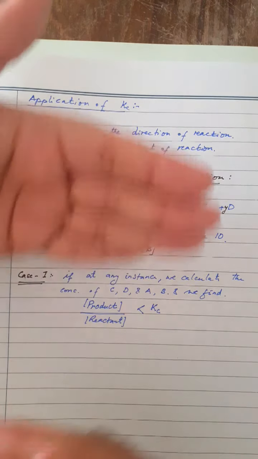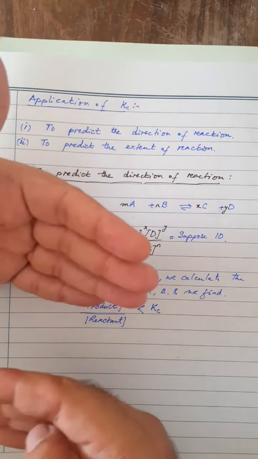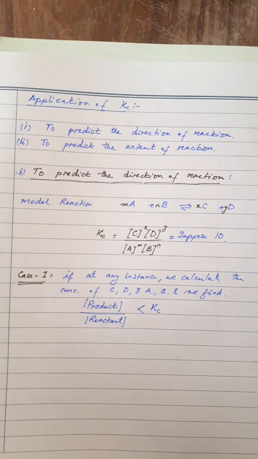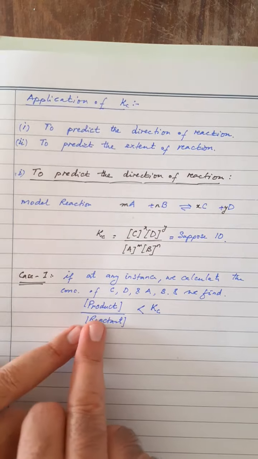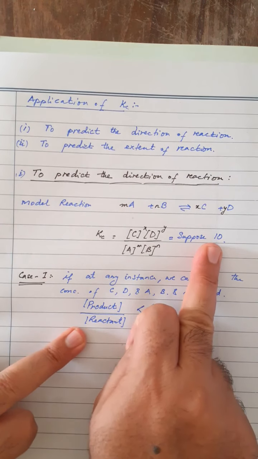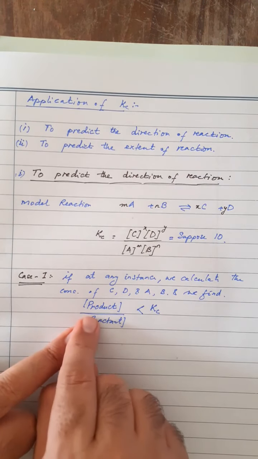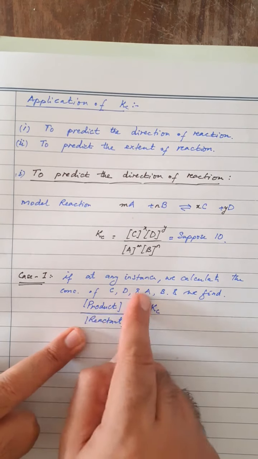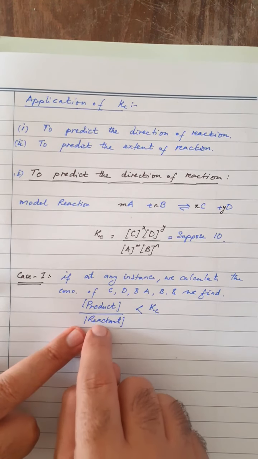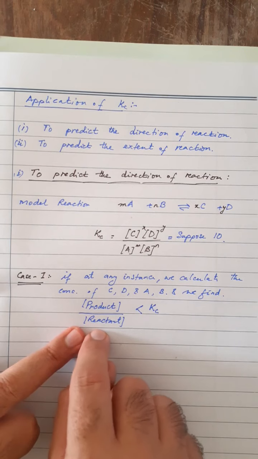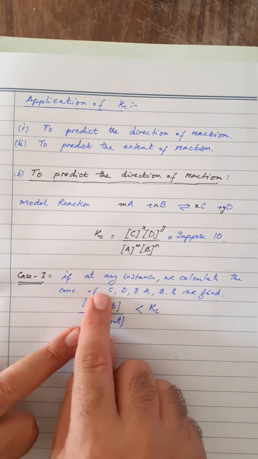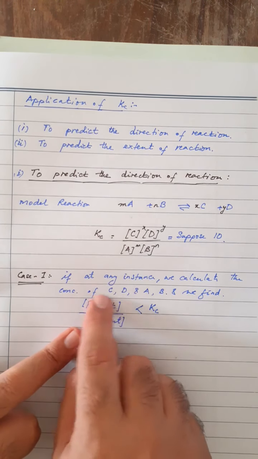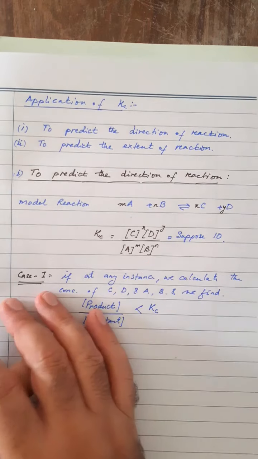The numerator and the denominator. If this entire ratio has to reach 10, and currently it is 4 or 2 or 3, then the reactants must continuously decrease and the products must continuously increase so that this ratio becomes 10.